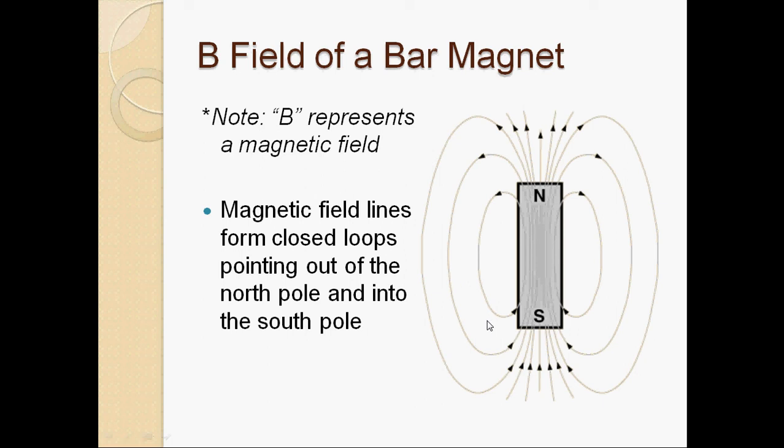I think we're all comfortable with bar magnets and the fact that they are magnetized. But in class, what you hopefully have found at this point is that when we construct a circuit, we are also creating magnetic fields, because as I said, magnetic fields are created by moving charged particles.